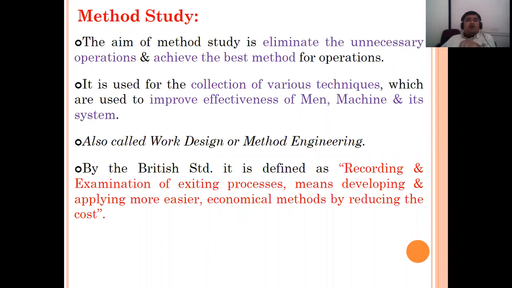In a second way, it is used as a collection of various techniques which are used to improve the effectiveness of man, machine, and its system. So this method study is not done only for man, it is also for machine. Man, machine, and its systems. A transportation system may be there, job flow from one point to another may be there.